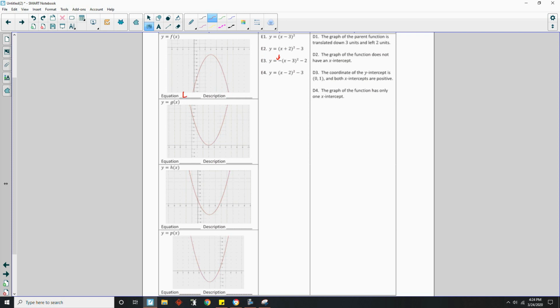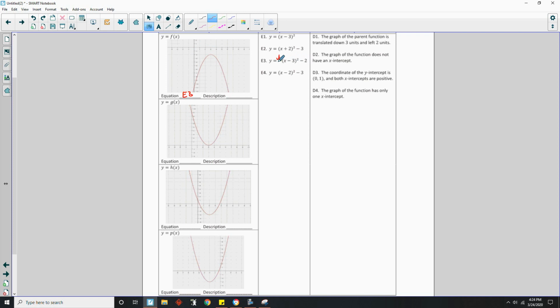So the equation E3: y equals negative, parentheses, x minus 3 quantity squared minus 2. So that is flipped over, shifted right 3, that's what this means, and down 2.